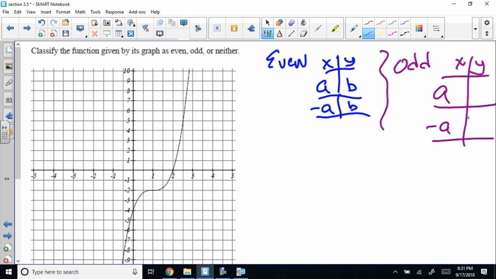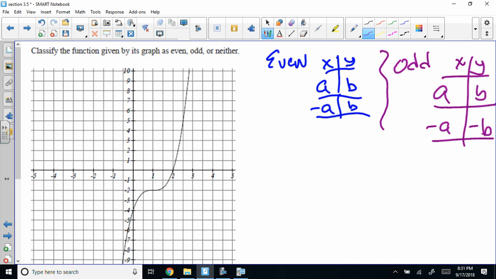A, negative A, B, negative B. All right, so what I just wrote here says this, in layman's terms: for even, if you pick a number and its opposite, they better have the same output. That holds true. If it doesn't, then it can't be even, period. Cannot be an even function.